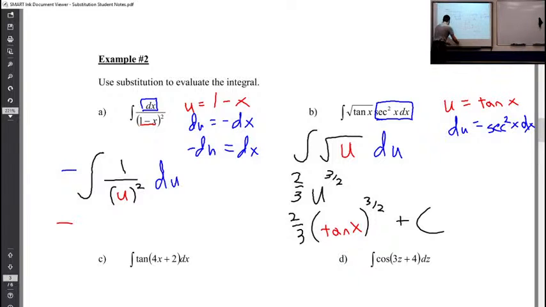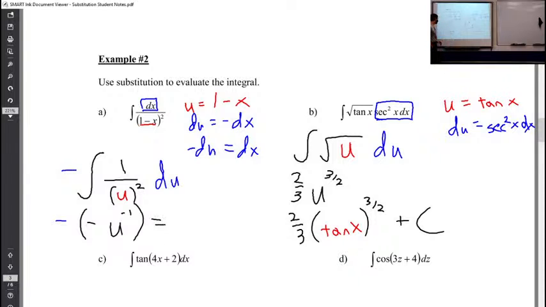Sorry, this negative is here. I have to make it blue. Negative. Antiderivative of 1 over u squared, that's going to be u to the negative second. So that means there had to be a negative first here to start with. Well, there's a positive 1 over u squared, and so there had to be a negative to counteract it.